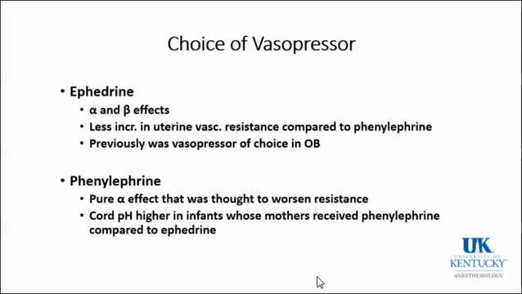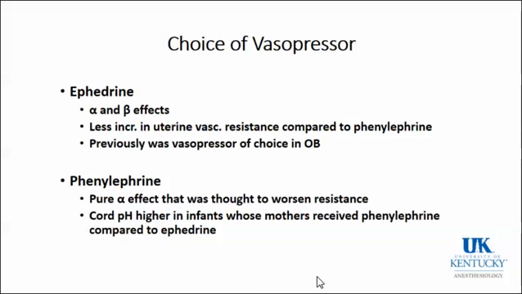The reason that it's now the vasopressor of choice is that it has been shown that the cord pH in infants whose moms had hypotension treated with phenylephrine is higher than the cord pH of babies whose moms were treated with ephedrine. This has nothing to do really with the uteroplacental perfusion. What it has to do with is placental transfer.